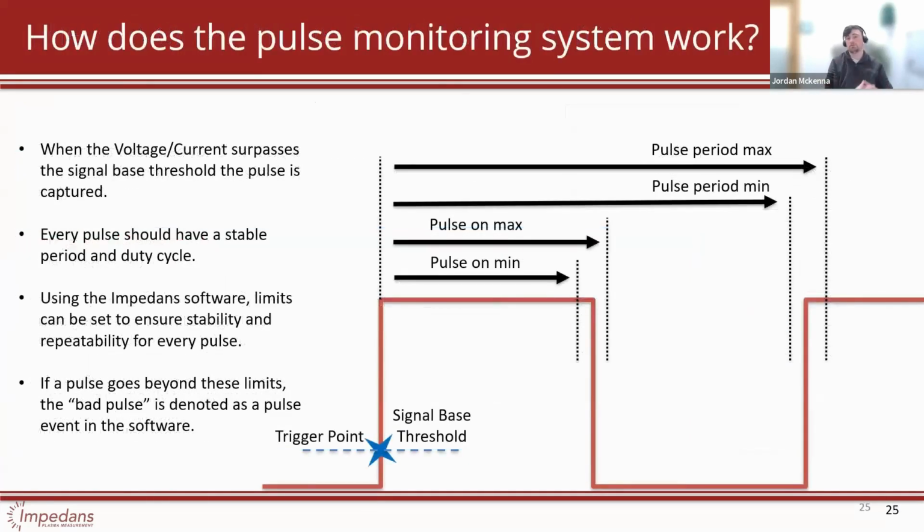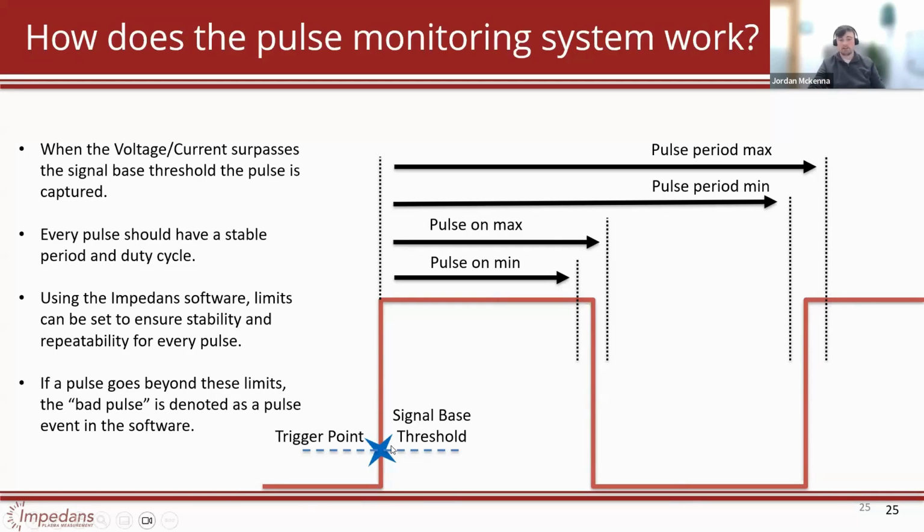So how does the pulse monitoring system work? When the voltage or current surpasses the signal base threshold, the pulse is then captured. Every pulse should have a stable period and duty cycle, as we mentioned before. But using the impedance software, we can set limits as to what we consider to be correct. And if a pulse goes beyond these limits, that is our bad pulse.